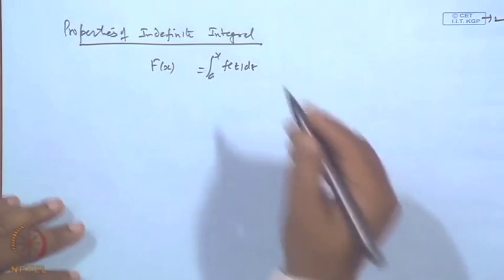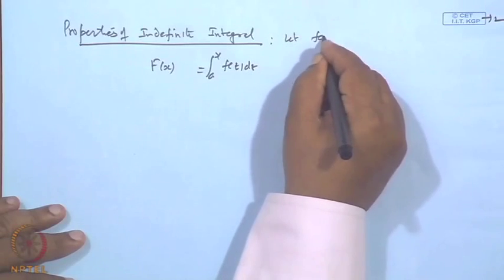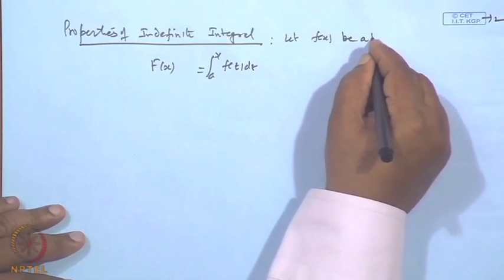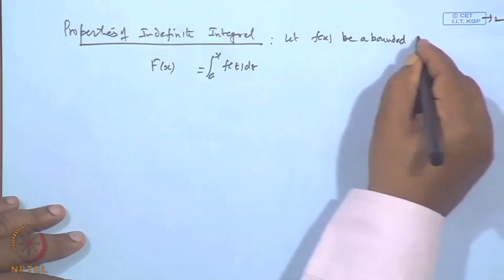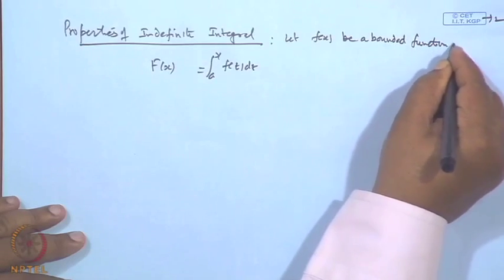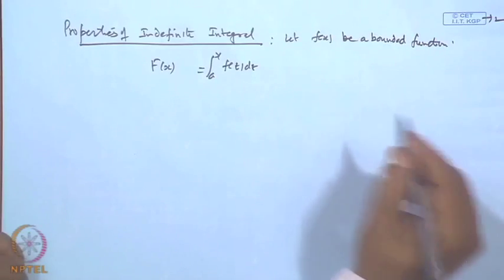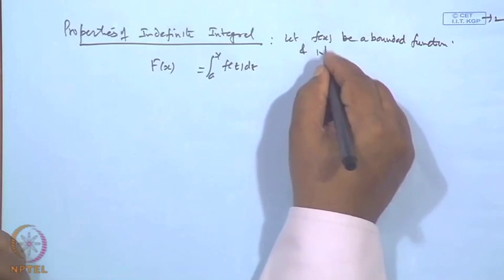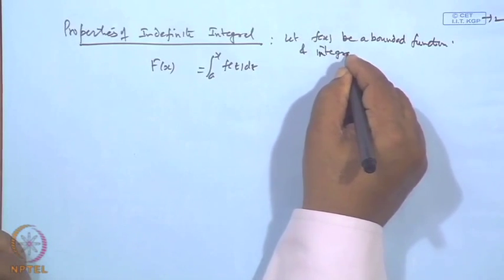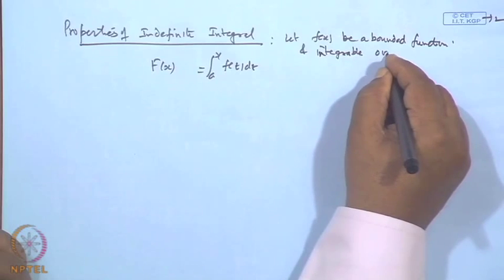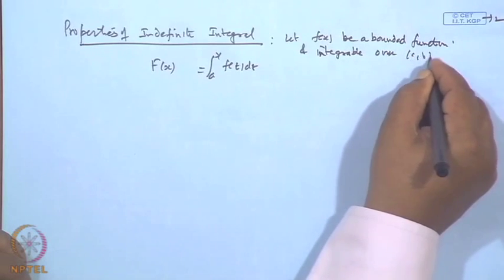So, let f(x) be a bounded function and integrable over the interval, say [a, b].